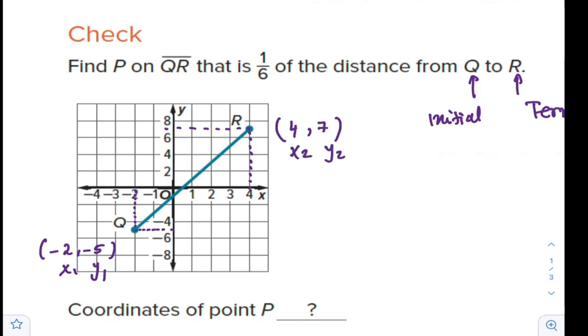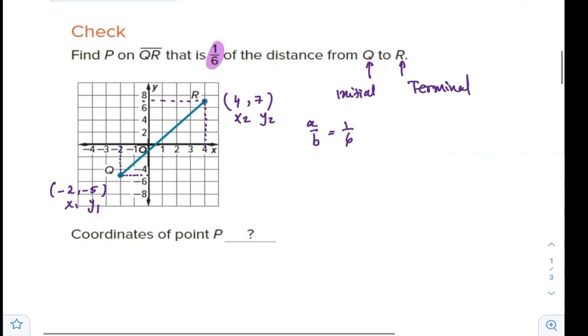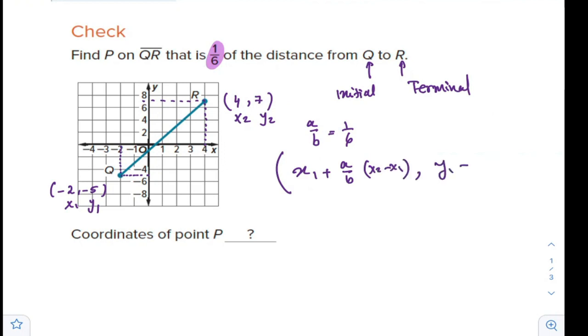This is so important. Now, is the fractional distance given? Yes, it is given. This is 1 over 6. So A over B is 1 over 6. Now, let's apply the formula. The formula says x1 plus A over B times (x2 minus x1), and y1 plus A over B times (y2 minus y1).